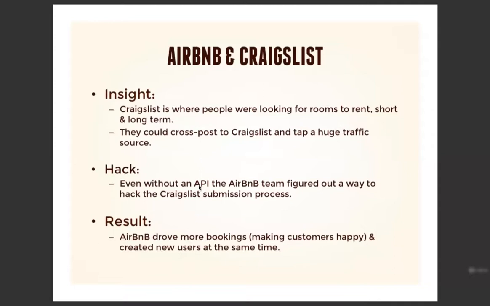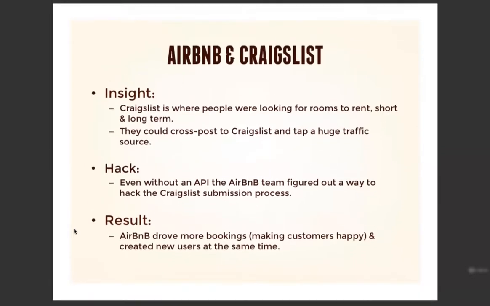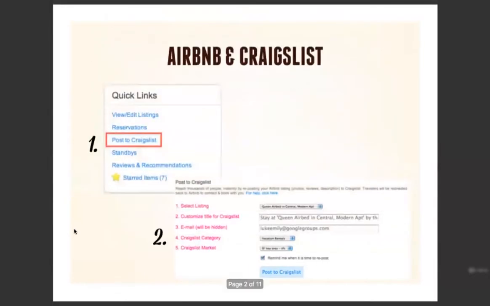Now, let us see how that happened. In the other slide, I will show you what happened during that process. On Craigslist, it is post to Craigslist. That's the very first step. Once you post to Craigslist, you will obviously have to fill in the details about the room or the apartment you want to rent.